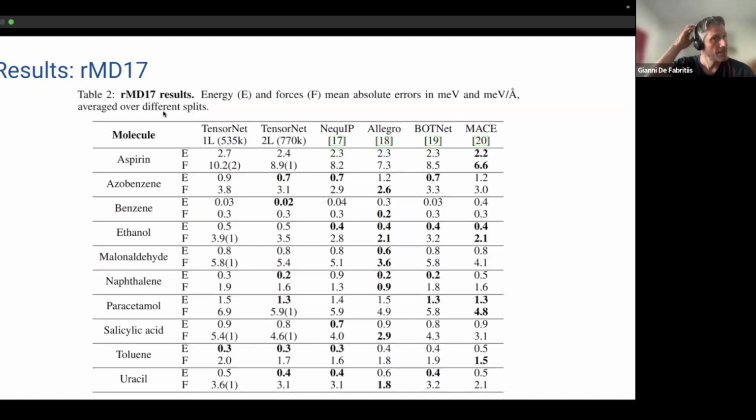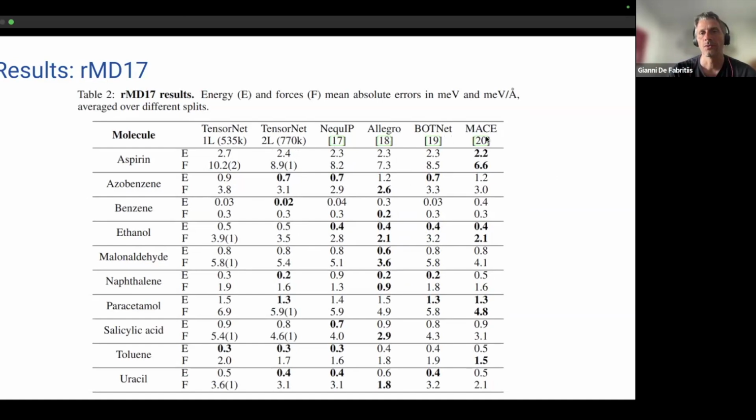The revised MD17 dataset is another dataset, in this case of MD simulations by quantum mechanics. Here you have energy and forces for several molecules that you run with quantum mechanics calculations. And again, here is the TensorNet 2L. It's kind of the same as the others.